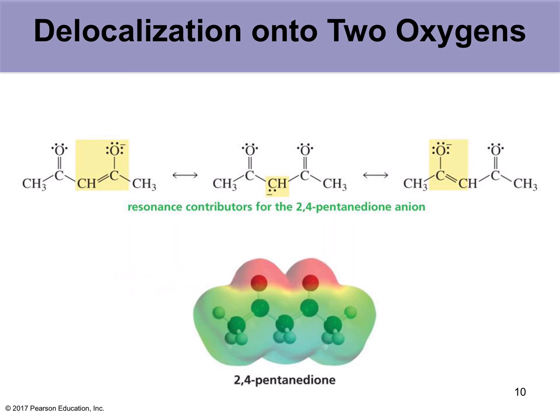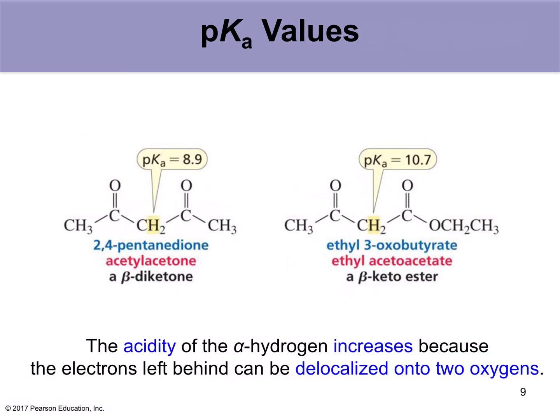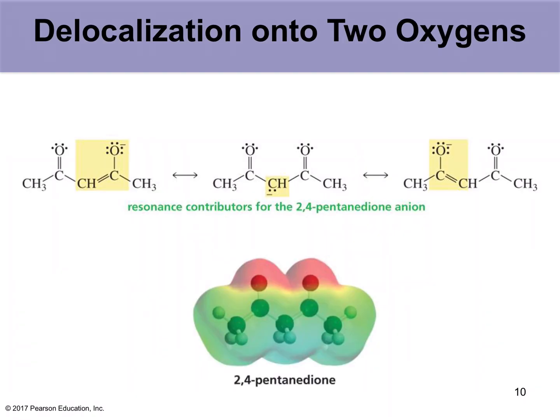So this shows the diagram of how the delocalization happens onto two oxygens. The previous structure that we have seen, this molecule over here, you can see how the delocalization works. Let's say this is the carbanion, meaning you have the hydrogen here, a base removed the hydrogen, and you form this carbanion.